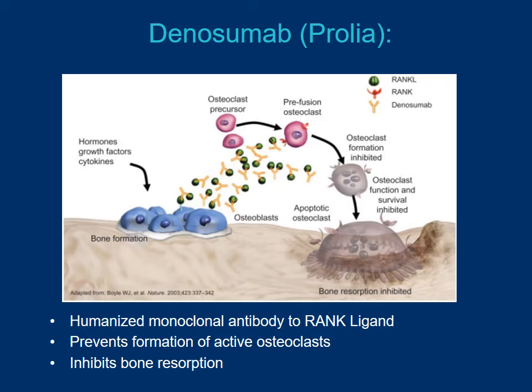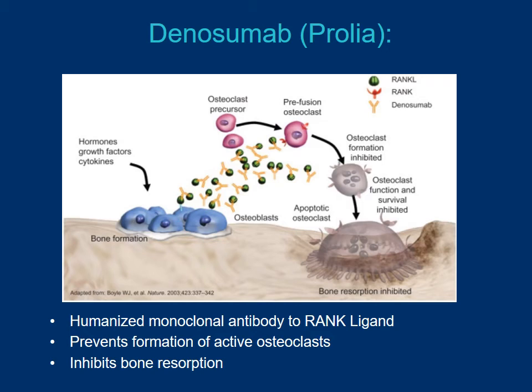The humanized monoclonal antibody, denosumab, will bind to this RANKL, preventing it from binding to the RANK present on the surface of the pre-fusion osteoclast, and thus preventing osteoclast activation and osteoclast formation.